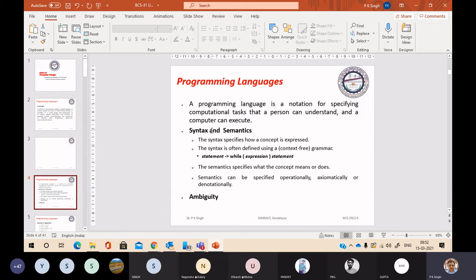Okay, next thing is semantics. Semantics means whether the syntactic structure produced in your mind for a certain sequence of words is logical and acceptable to you or not.